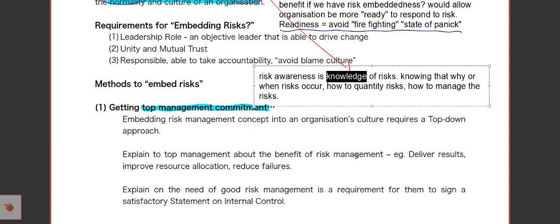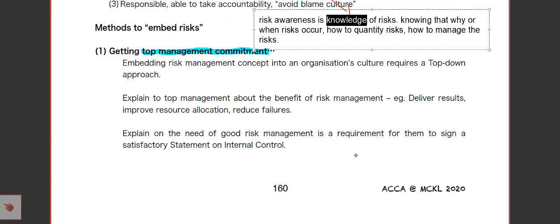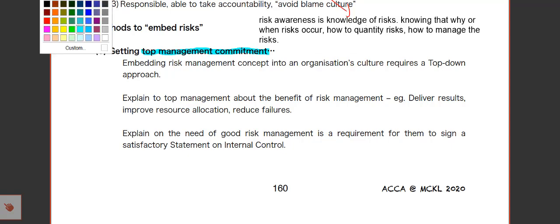So the same thing applies to business. How do you create risk embeddedness? How do you build an organization where the staff are all very knowledgeable when it comes to risk? The first thing we need is top management commitment.